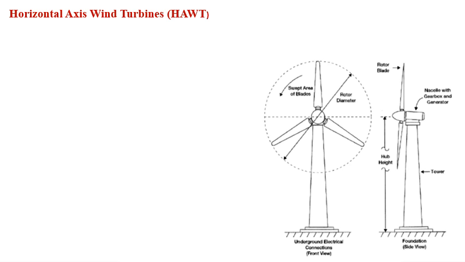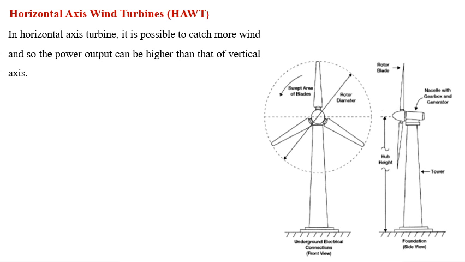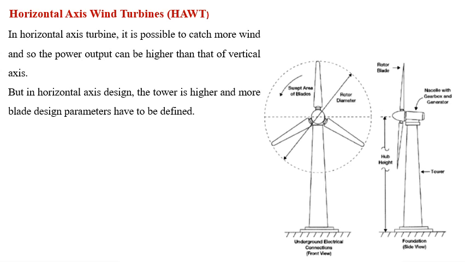But we should know a very important thing: in this type of turbine it is possible to catch more wind, so the power output can be higher than that of a vertical axis turbine. But in the horizontal axis design, the tower is higher and more blade design parameters have to be defined.